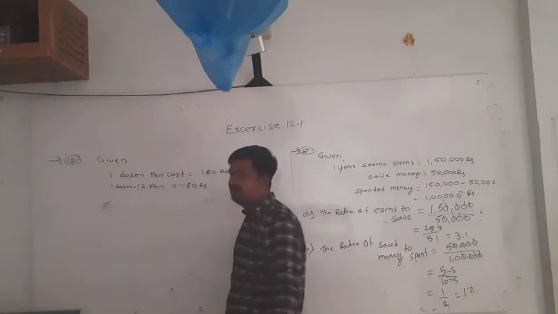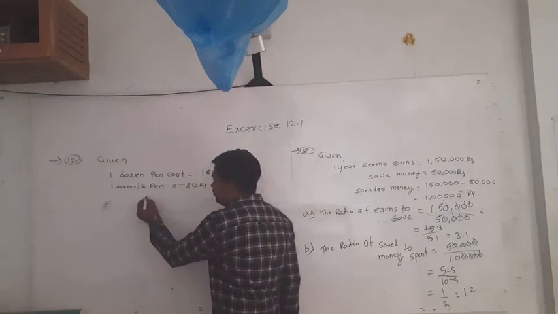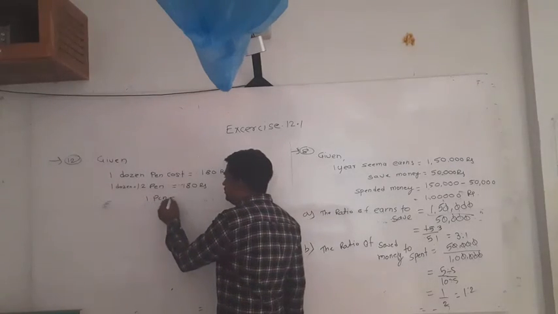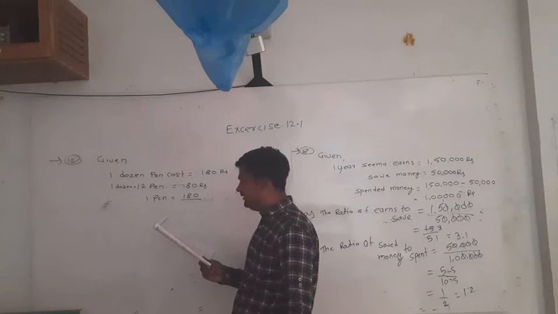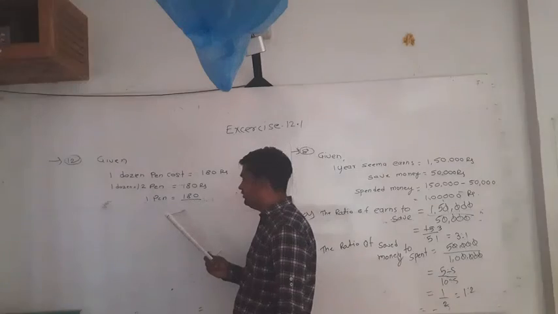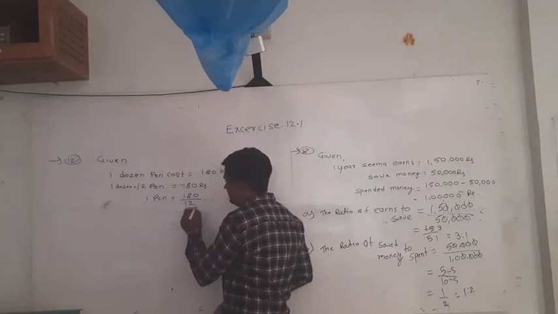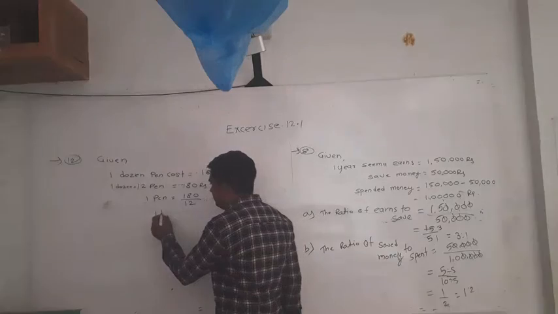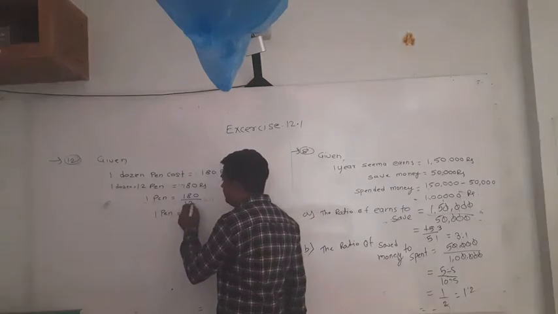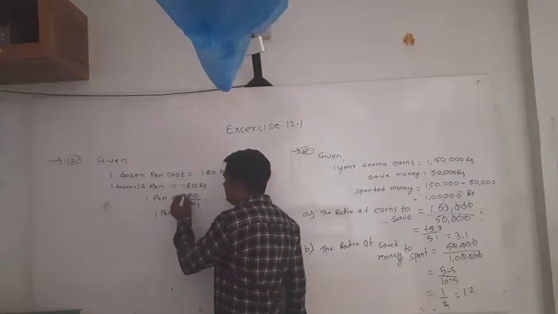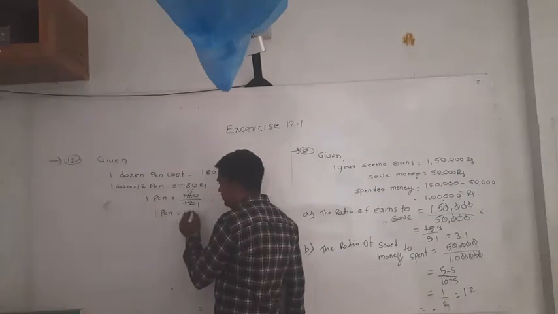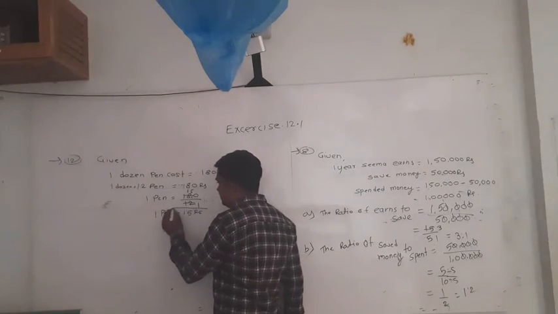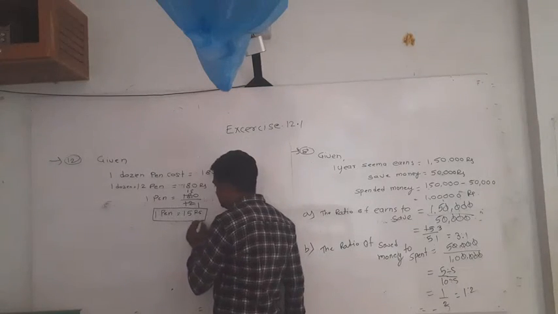Now we want to find the cost of 1 pen. 1 pen is equal to 180 divided by 12. 12 ones are 12, 6 remains, 60, 12 fives are 60. So the cost of 1 pen is equal to 15 rupees.